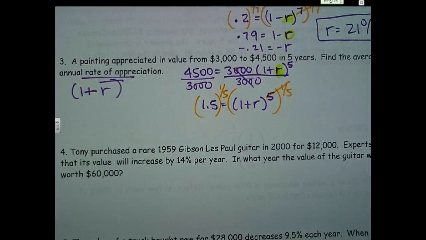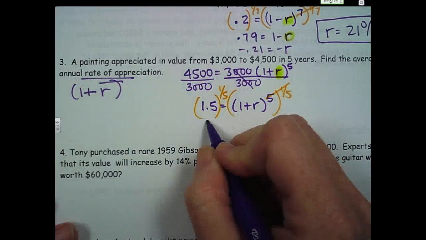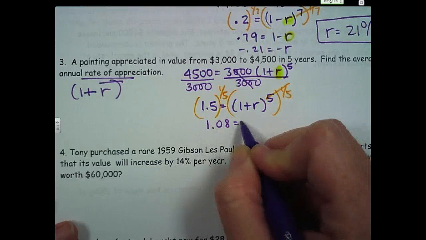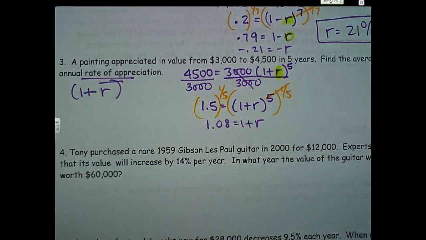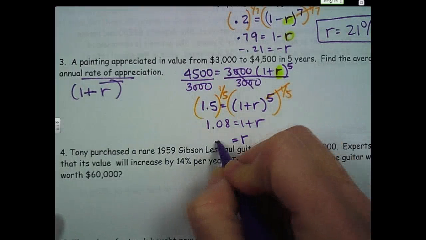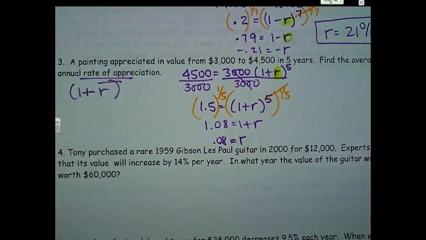Try it on your calculator to be sure you're understanding it. And you get 1.08. Then you subtract 1, and R is 0.08. So what's the rate then? What's the actual rate? 8%. So that art painting appreciated 8% a year.